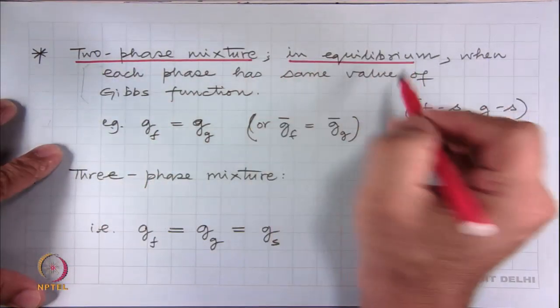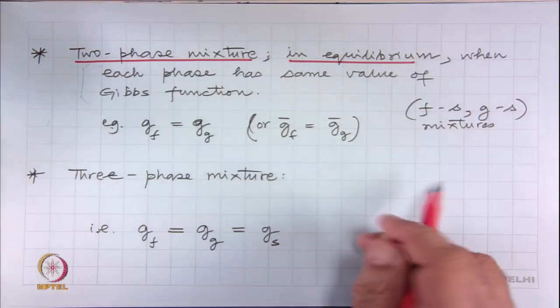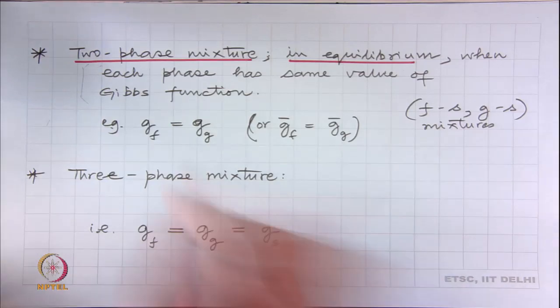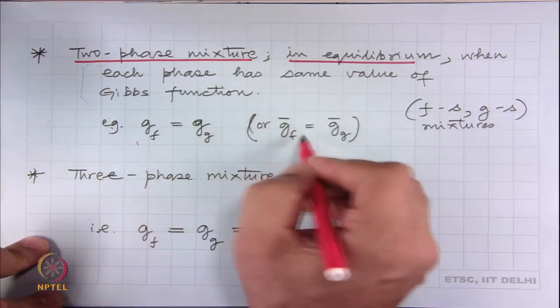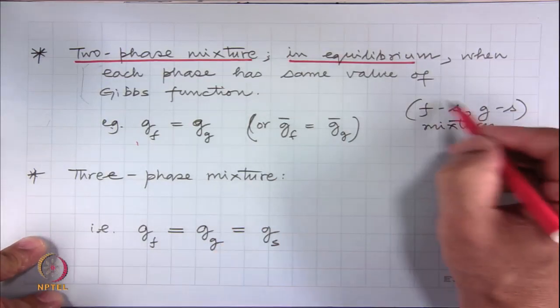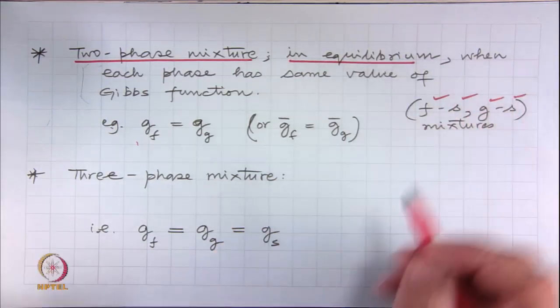So, this is something that has come out quite explicitly: for a two phase mixture in equilibrium, each phase has to have the same value of the Gibbs function, that is g_f is equal to g_g, or in molar terms g_f bar is equal to g_g bar. And this is true for any of the other combinations of mixtures also.